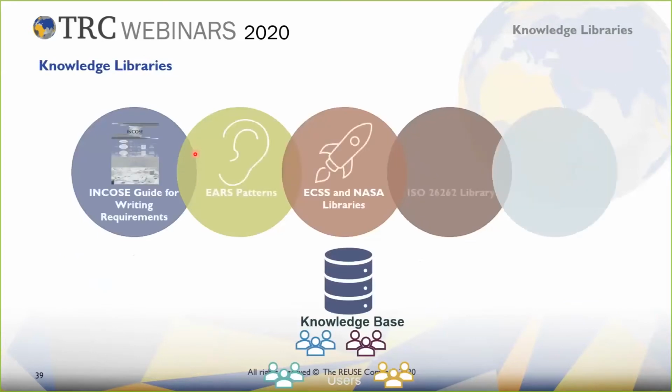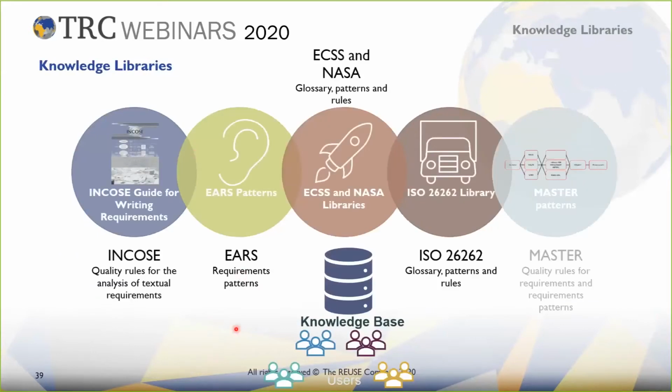What libraries do we have? Well, those libraries are public on our website as a resource, and we have created some of them to help our customers exploit their suites. We have the COSE library with the latest version of the guide for writing requirements.